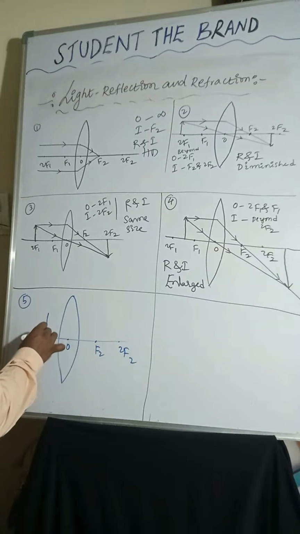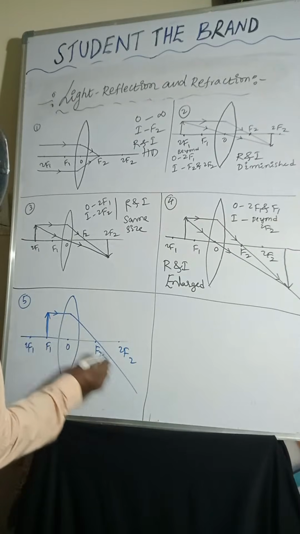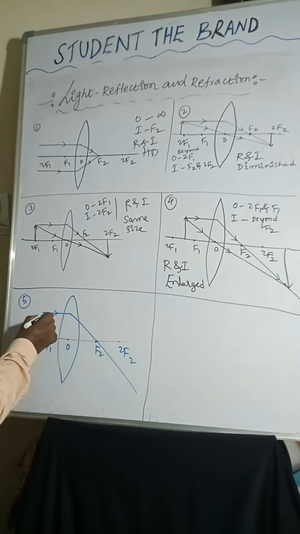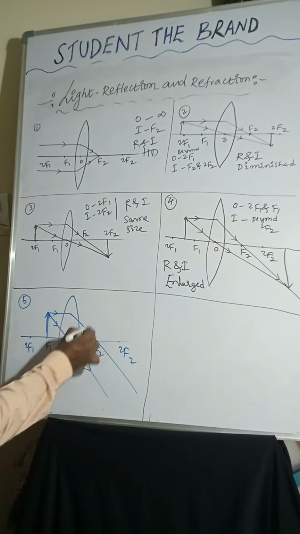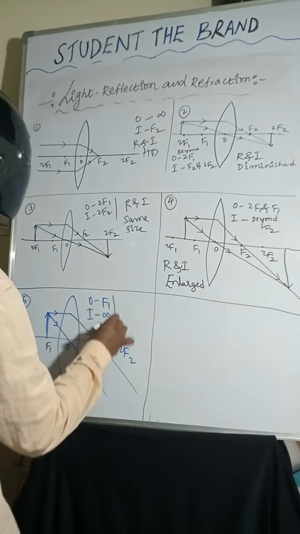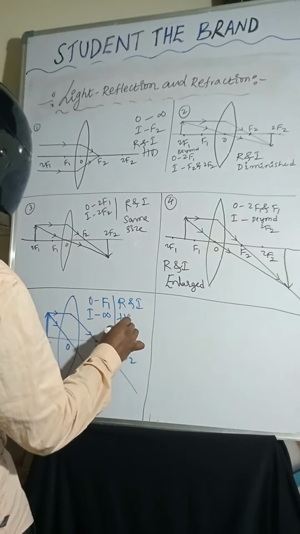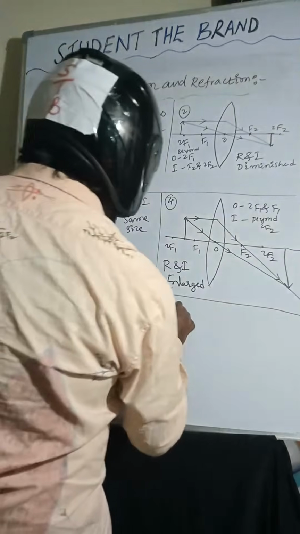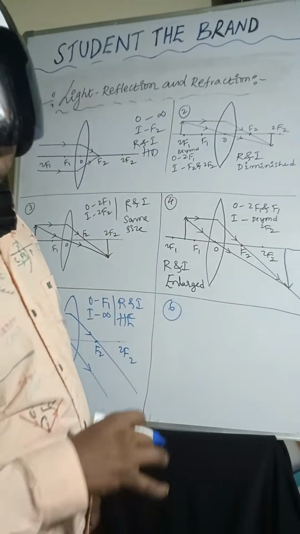Object is placed at F1. One light ray I am taking like this, it passes through focus. Another light ray is passing through optic center. Object is at F1, image will form at infinity, nature of the image is real and inverted, size of the image is highly enlarged.